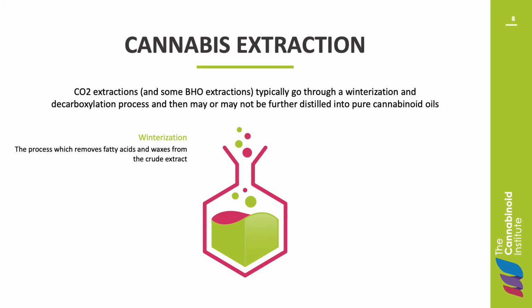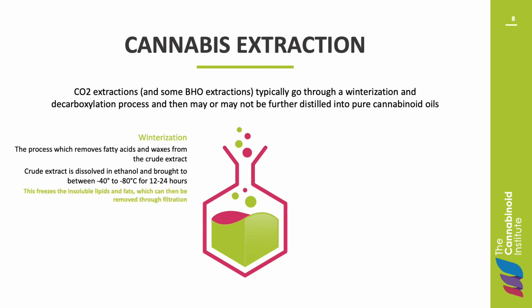The extract is dissolved in ethanol and then brought to between -40 to -80 degrees Celsius for 12 to 24 hours. This freezes the insoluble liquids and fats, which can then be removed through filtration. The ethanol is then evaporated away, leaving a refined cannabis extract behind.